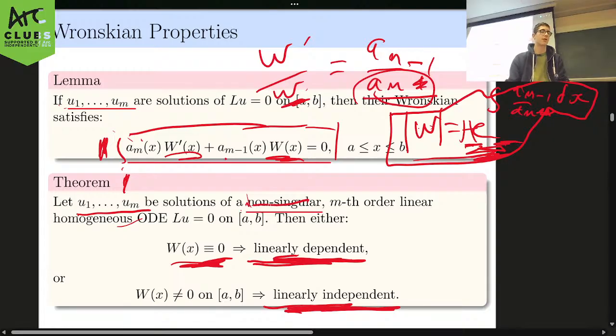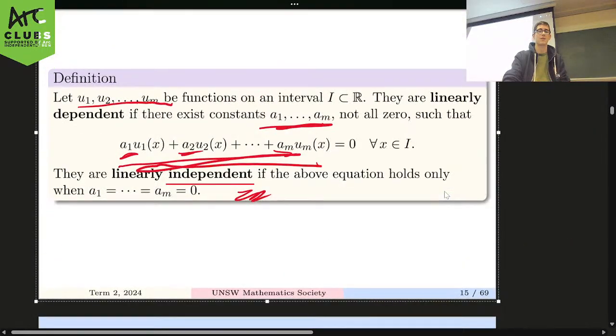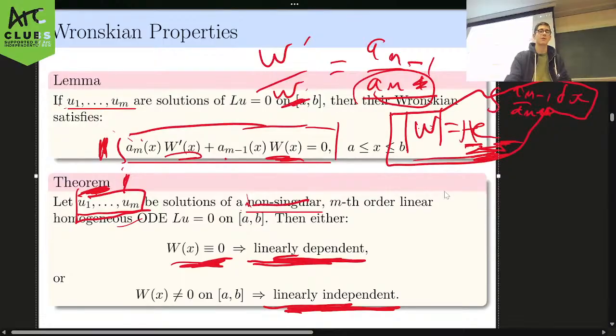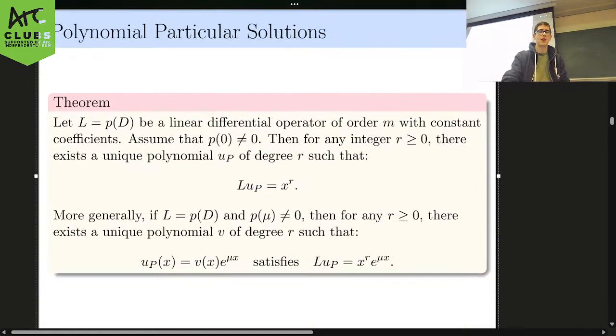You may want to review more precise theorems on this in the lecture slides, because this is just the specific case when we're slapping in solutions to the differential equation, whereas in general you have to do a bit more work with the functions themselves to determine whether or not they're linearly independent, by working with the definition we had up here. Whereas when you have solutions to the differential equation and it's non-singular, it works out nicely here, okay?